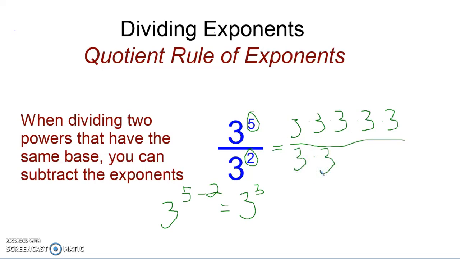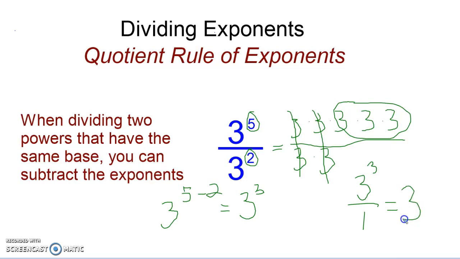Now, with fractions or with division, we can reduce these that way, and we would end up with 3 times 3 times 3, and that would be equal to 3 to the 3rd. In this case, it'd be over 1 because everything is reduced, which would then give us 3 to the 3rd. So you can see that this longhand shows us that this shorthand actually works.